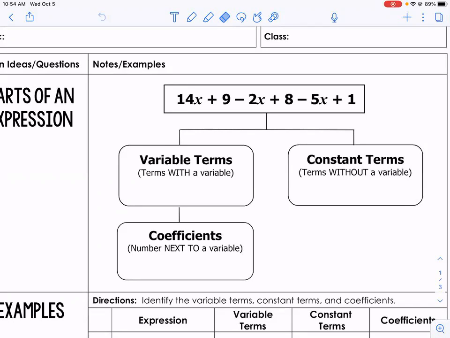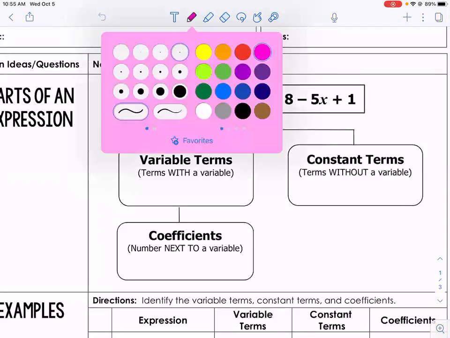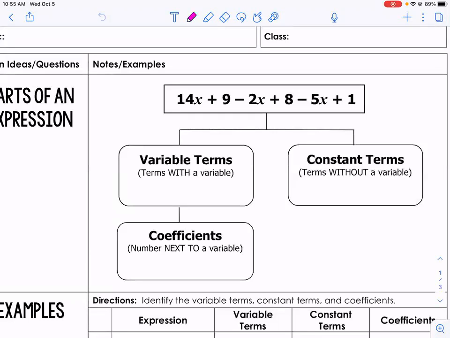First, let's just talk about the difference between variables and constants. Variable terms have a variable, and a variable is a letter. Constant terms don't have letters. I am going to take my pink marker and put a box around anything that has a letter.